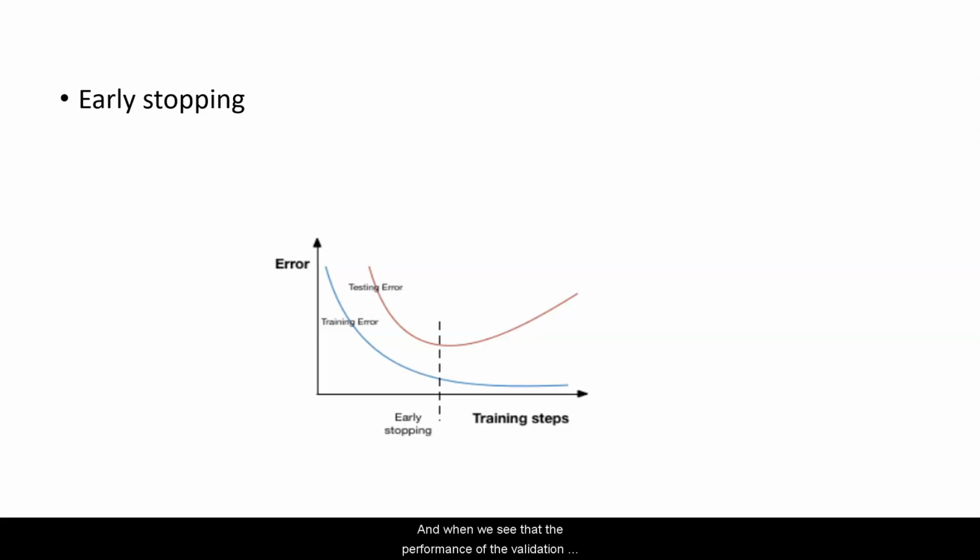When we see that the performance on the validation set is getting worse, we immediately stop the training of the model. So in this case, the training of the model is stopped from this particular position because after this position, the testing error is going upwards.